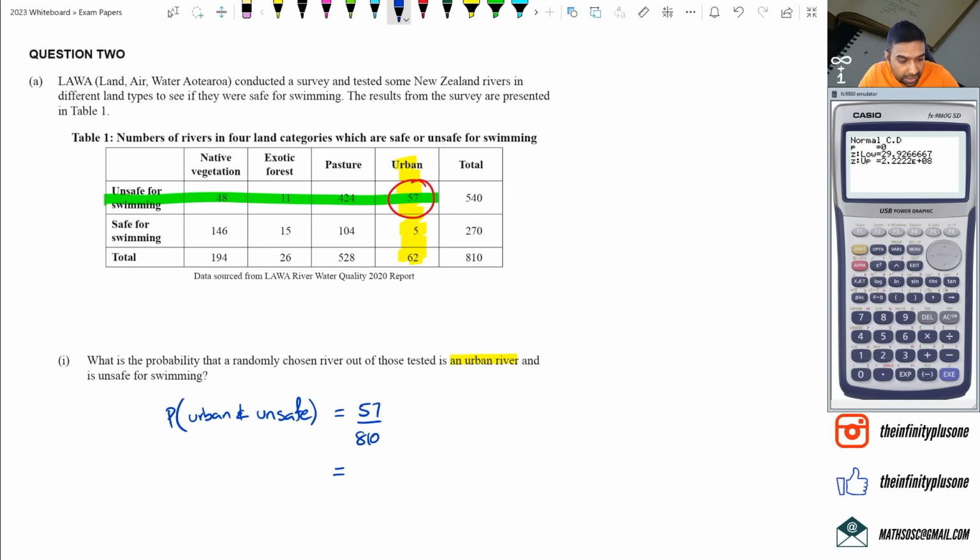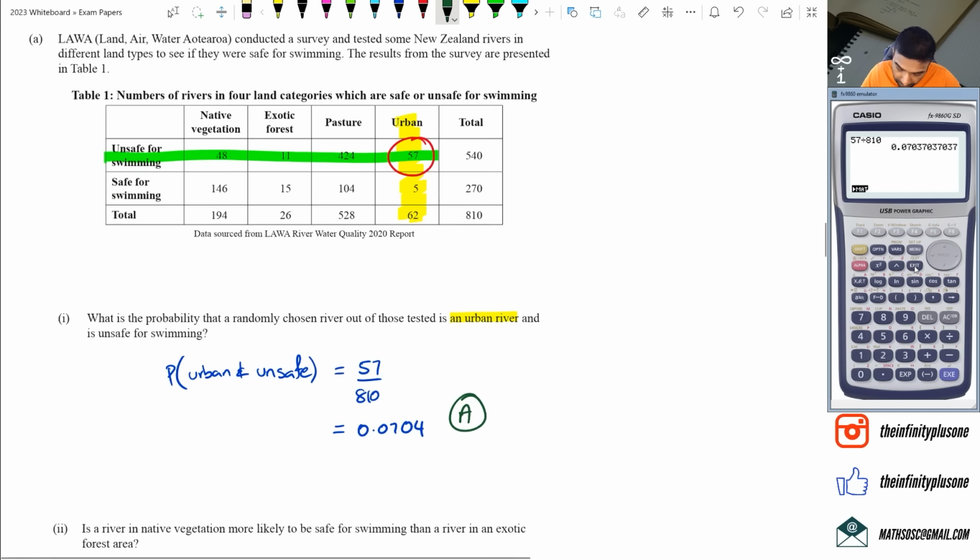And writing that as a decimal, what are we going to get? 0.0704, and this question is an achieved.